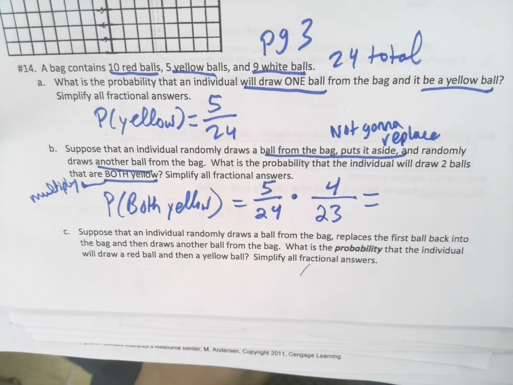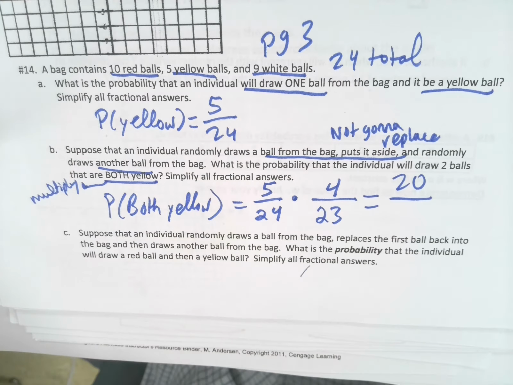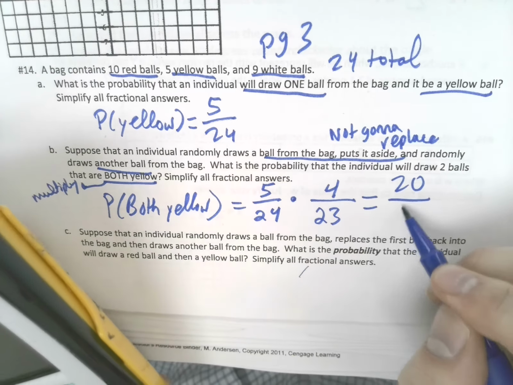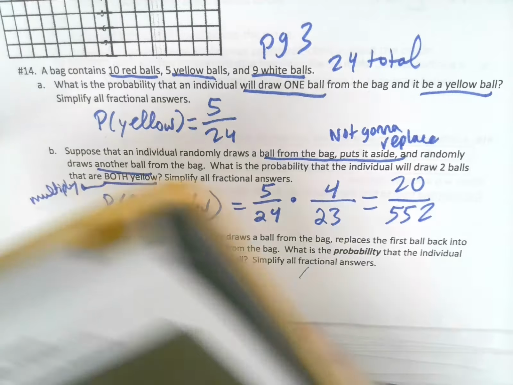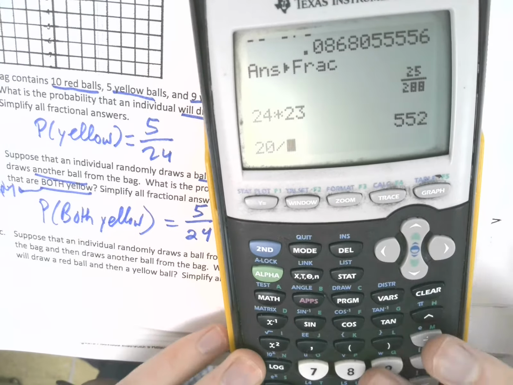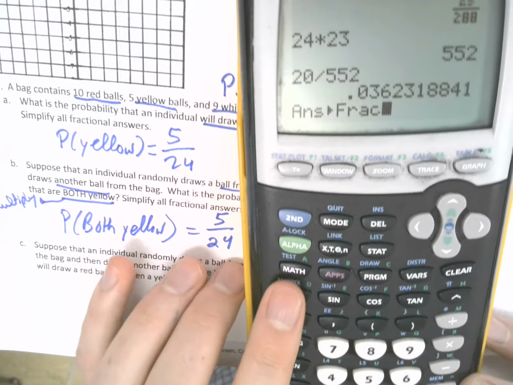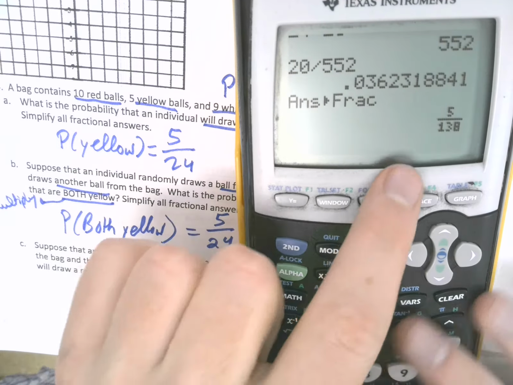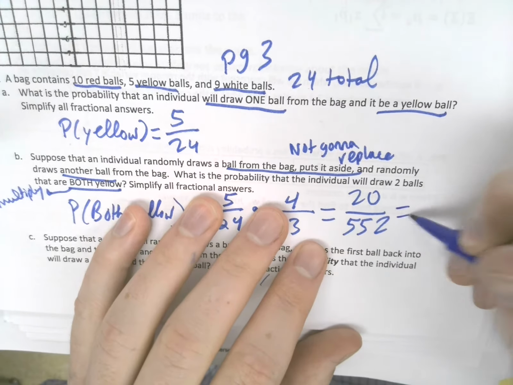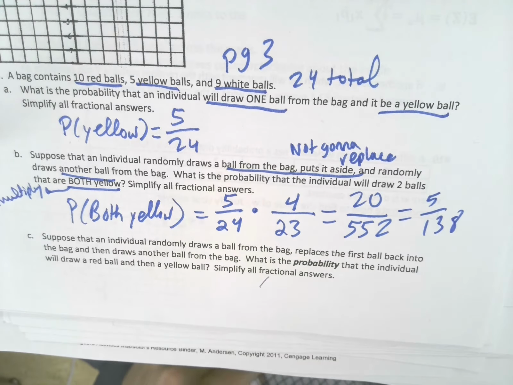So we multiply, you end up with 20 over 552. Whenever I type this into a calculator, which would be a smart move, I get an awful decimal, math, enter, 5 out of 138. So in other words, not great odds. Not great odds at all on that one.